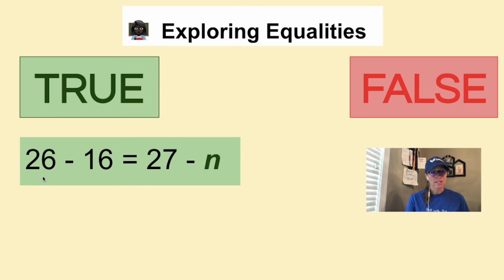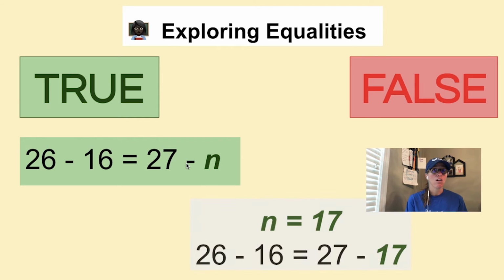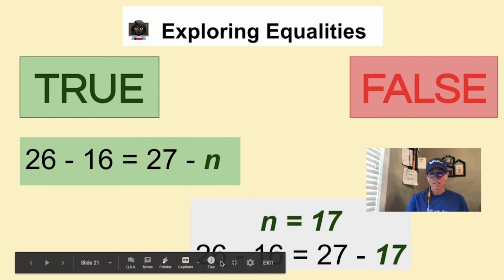Well, we know 26 minus 16 is 10, so we need 10 to be on this side of our equation. So for this example with the variable, we would solve n equals 17 because 26 minus 16 is 10, and 27 minus 17 is 10.